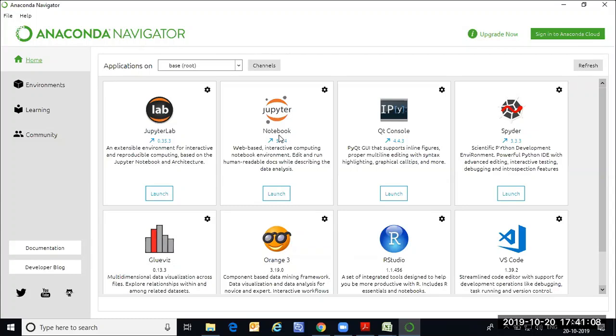The underlying code that you're going to execute will remain the same, whichever IDE you use, let it be Spyder, let it be Jupyter. Code doesn't really change. So first time when you're launching it, you need to click on this launch button for Jupyter. Then the Jupyter notebook will open for you.